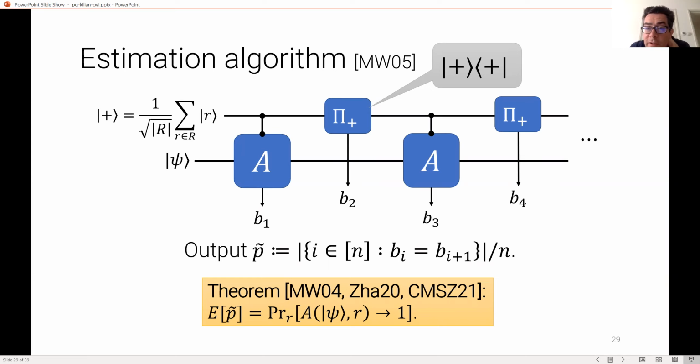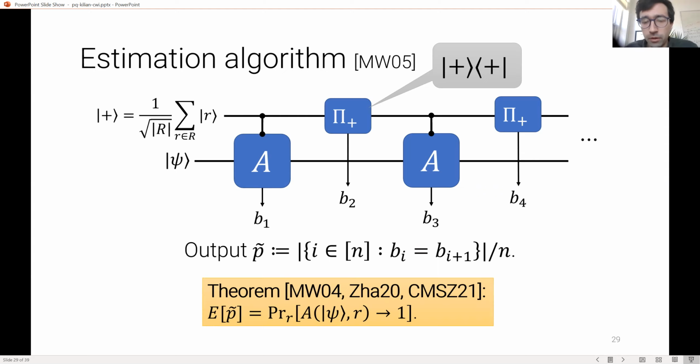Sorry, can I ask a question? Yeah. What do you do if a measurement yields cat minus instead of cat plus? So sorry, you mean if this measurement on the plus, this pi plus, yields a 0 outcome? Yeah, so I guess there are 2 possible measurement outcomes, right? You would like to see one, but what do you do if you get the other measurement outcome?